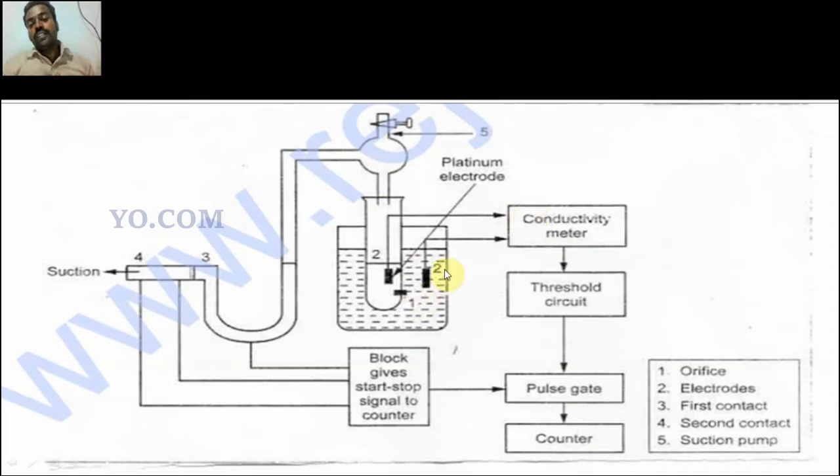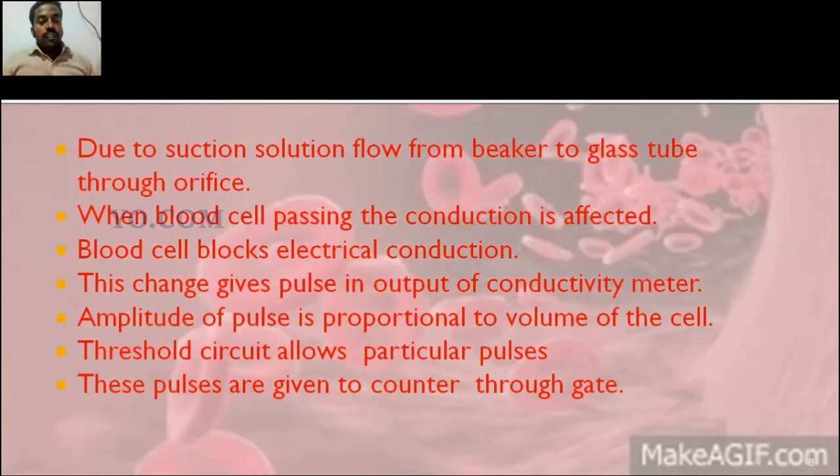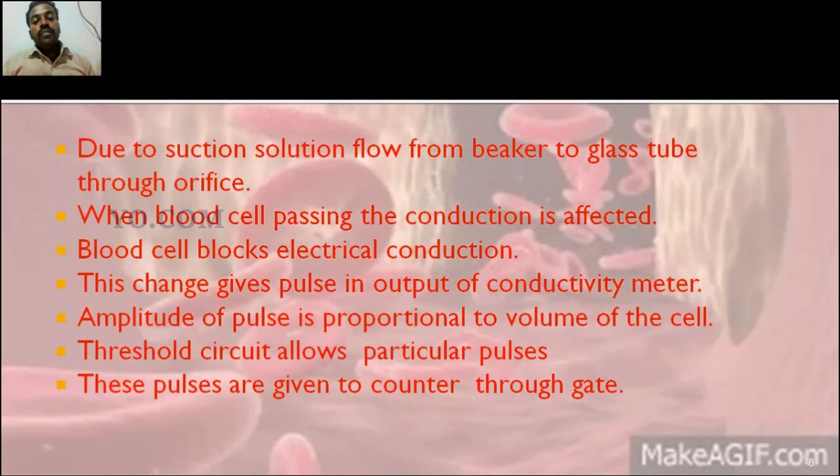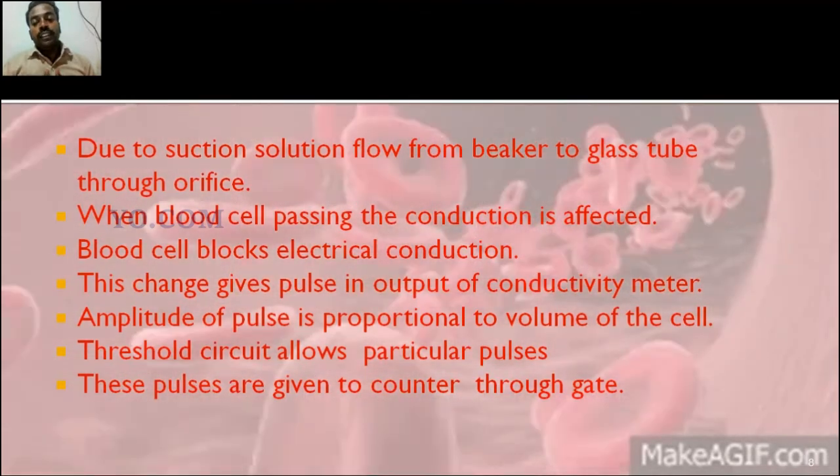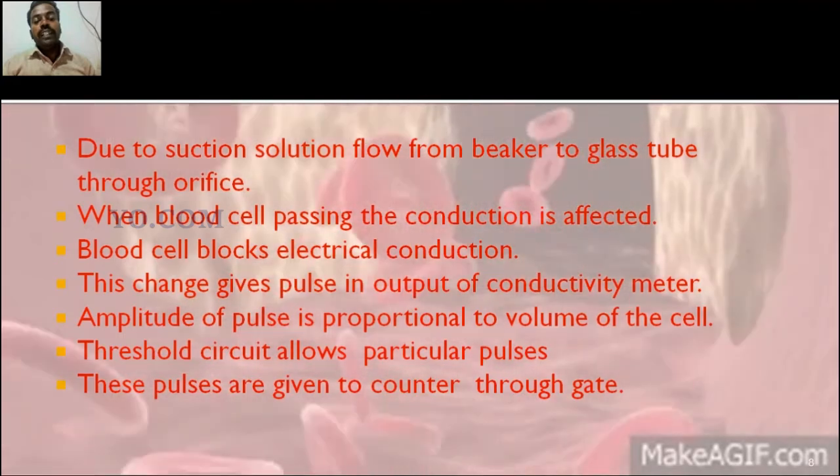Sometimes the conduction is cut off or becomes very low, due to a blood cell flowing through the orifice. When a blood cell flows through the orifice, the conductivity is very low, so it produces pulses.